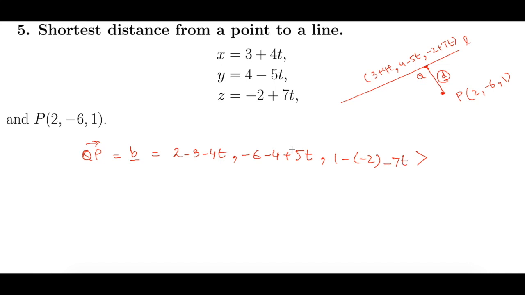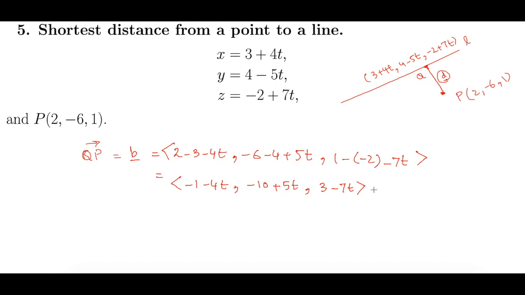Okay, so then this guy is what? Minus 1 minus 4t, minus 10 plus 5t, and 3 minus 7t. Okay. So this is this vector.